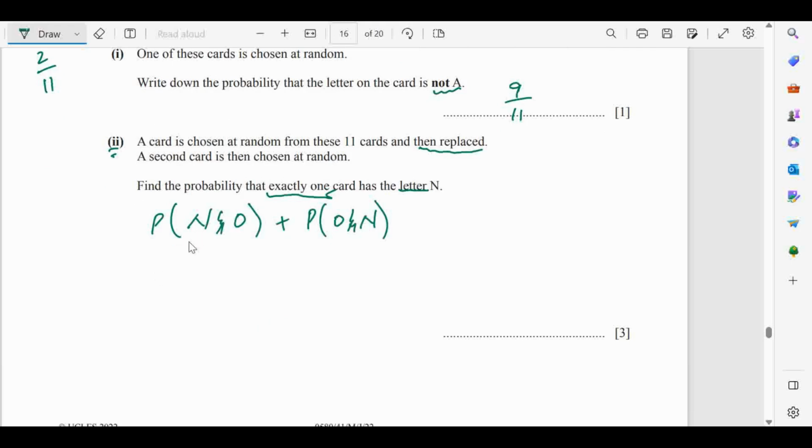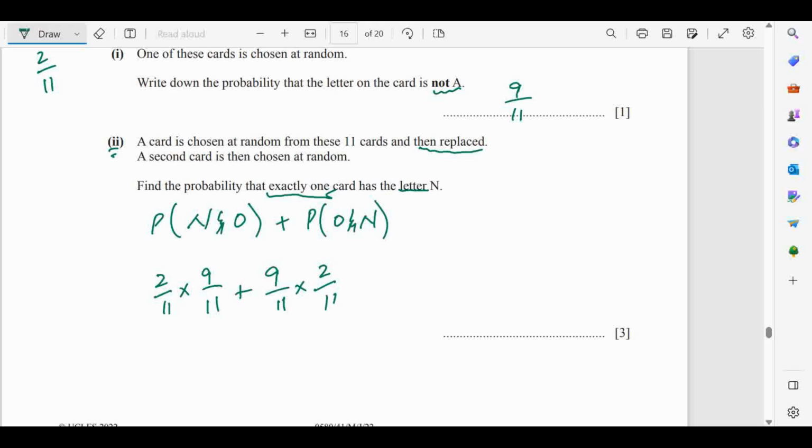So the probability of N is 2 by 11 multiplied by the probability of the others 9 by 11, plus, as we have seen, the first card is replaced, so it won't affect the second pick. Now for the other one, this must be 9 by 11 multiplied by 2 by 11.